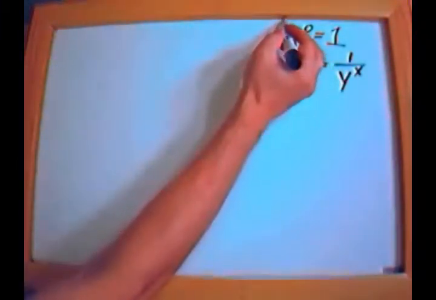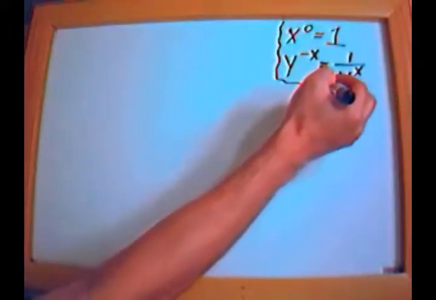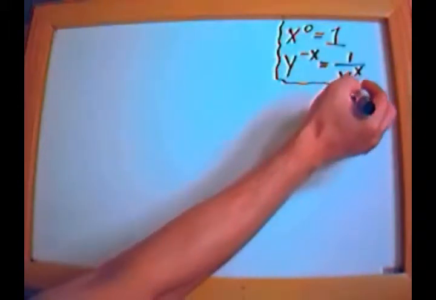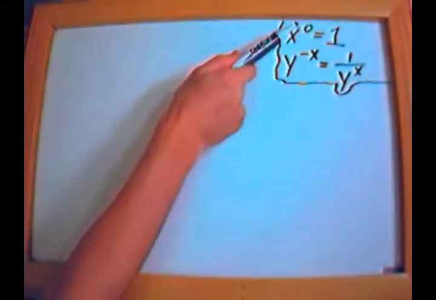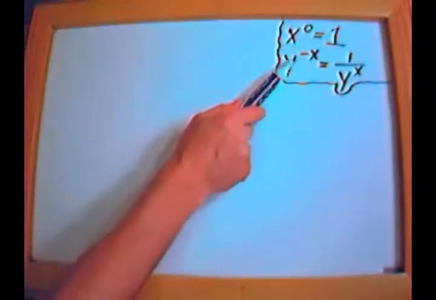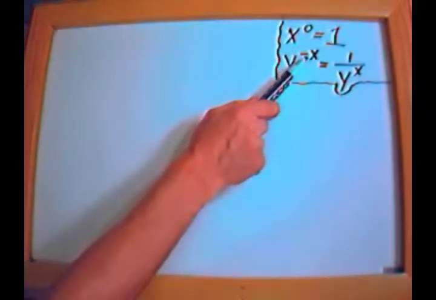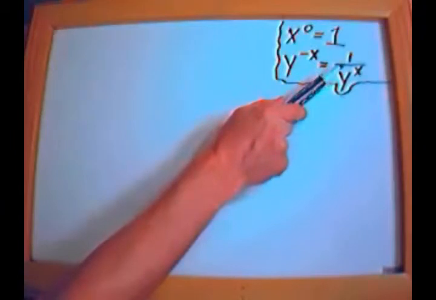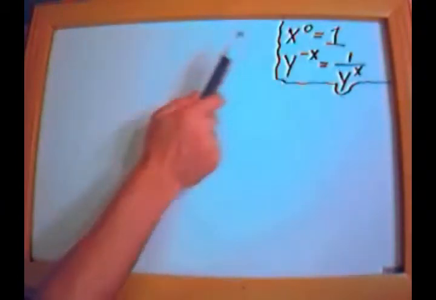These are two things that I'm going to leave up here on the board, and we're going to leave them there to stare at us right in the face during the course. The only thing you have to remember: anything raised to the 0 power is 1, and if you take anything and you raise it to a negative power, that's the same thing as taking 1 and dividing by that letter to the power.